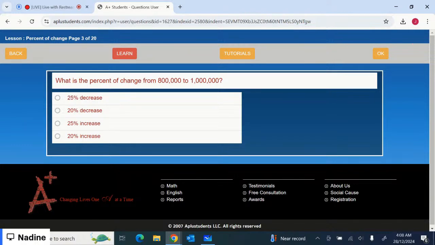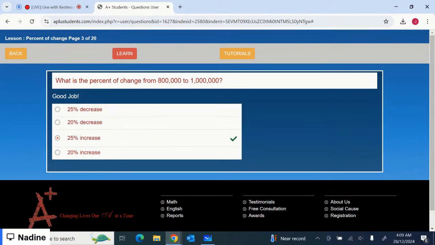So you have to subtract 1 lakh minus 800,000, that is 200,000. 200,000, 2 divided by 8 is 0.25. So that is an increase, a 25% increase. The correct option is 25% increase.